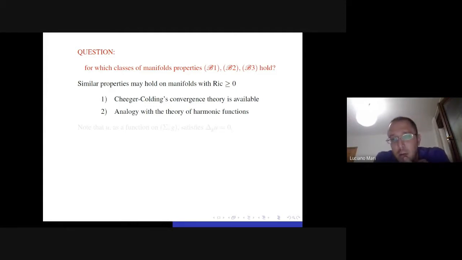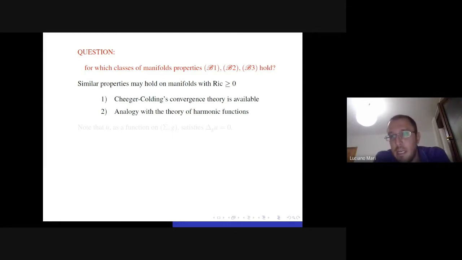Why? Because on manifolds with non-negative Ricci curvature, there is a well-established convergence theory initiated by Cheeger and Colding that is in the same spirit of the theory used to prove the original Bernstein theorem.